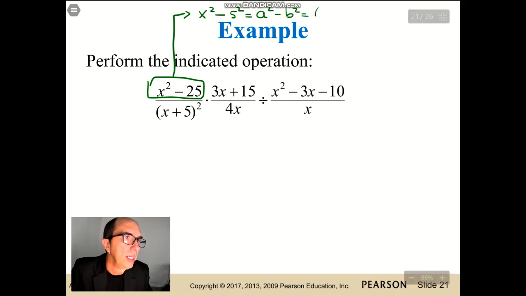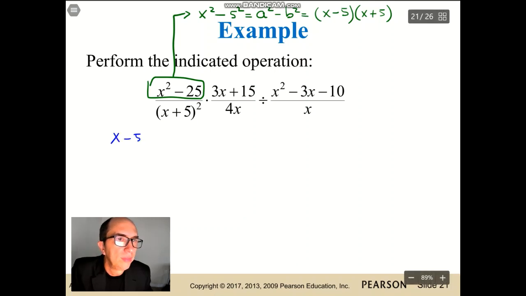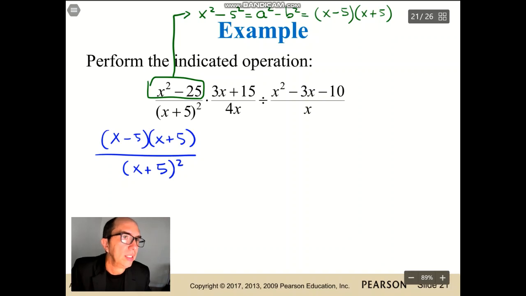So let's write here x minus 5 times x plus 5 over x plus 5 squared.